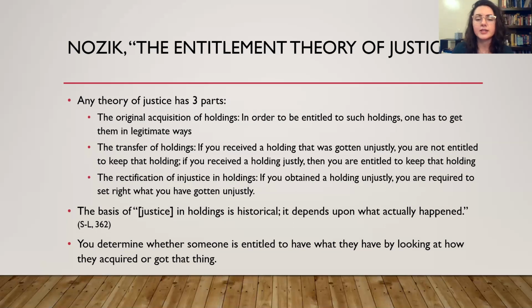Those qualities don't entitle you to have a certain thing. What makes it just for you to have a thing is that you got it in the right way. At this point, Nozick doesn't fill out what exactly that means, but basically, to figure out if you have what you have by just means, you need to look at how you got it. Someone's only entitled to what they have by looking at how they got that thing.